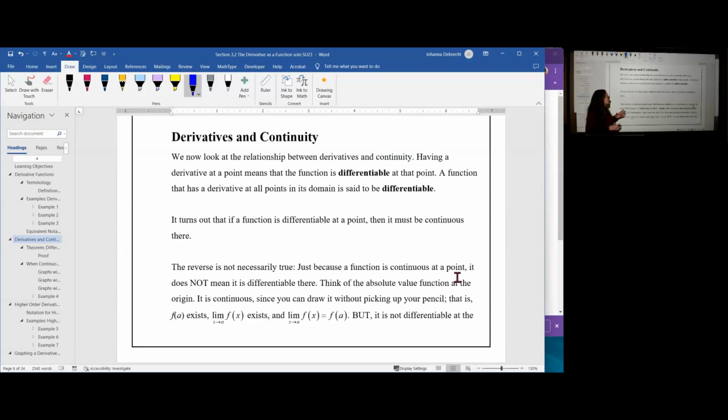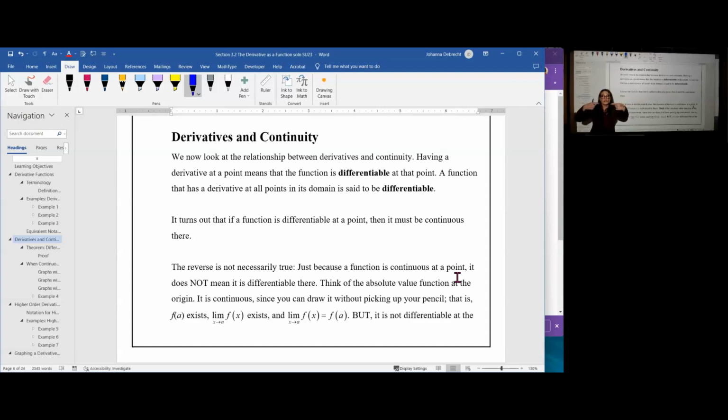If a function is differentiable at a point, say at x equals 5, then it turns out it has to be continuous there. Now remember what it means to be continuous. It means that f of 5 exists. The limit as x approaches 5 of f of x exists.